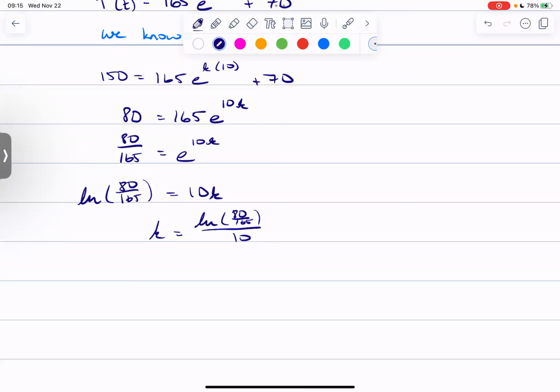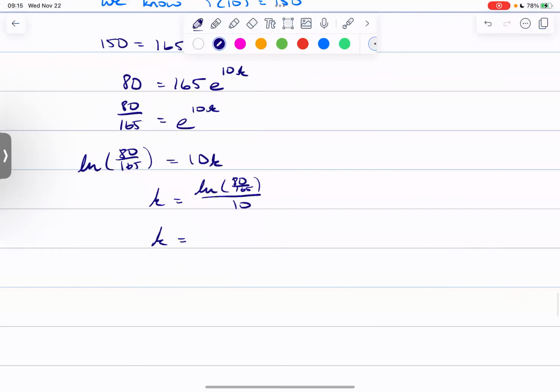So natural log of that divided by 10, I get K is negative 0.07239188392. I'm going to store that in A. It's more of a note for me that I stored it in A so I can retrieve it later.